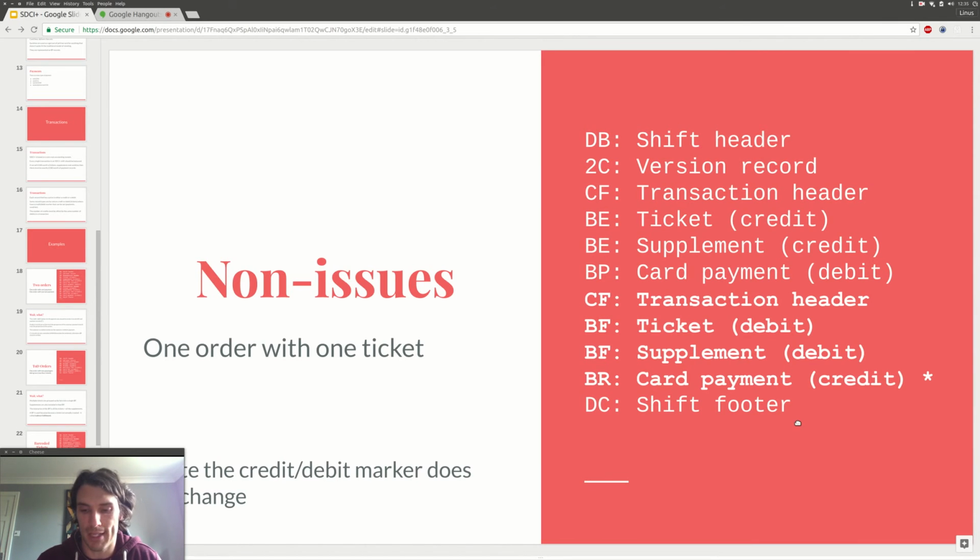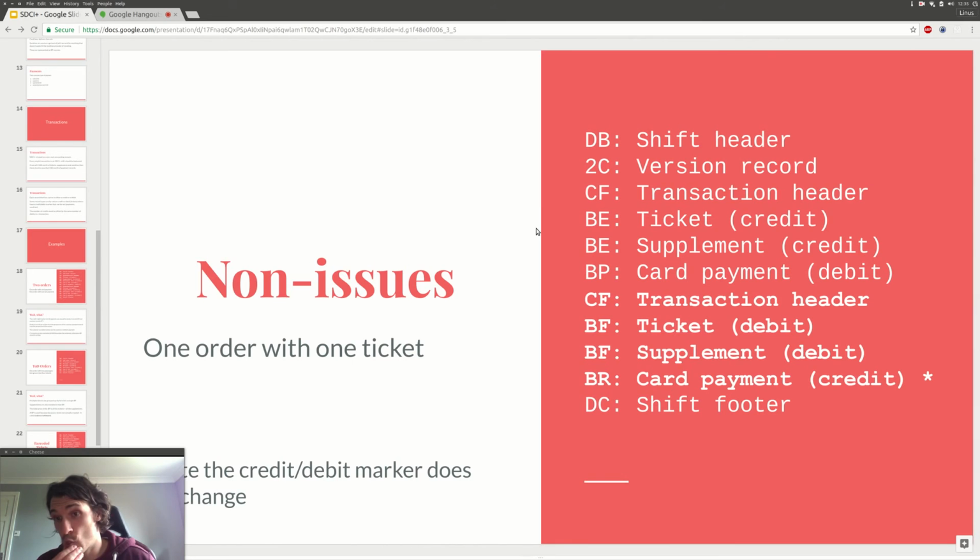So again, back at the station, when people used to print things out, occasionally the printer would jam and it would all go a bit wrong. And so non-issues are a mechanism to roll back the transaction that's just happened. In this example, we're looking at a fairly simple one order with 1 ticket and a reservation. So the issue transaction is this first CF record here with the BE and the supplement for that, then a card payment.